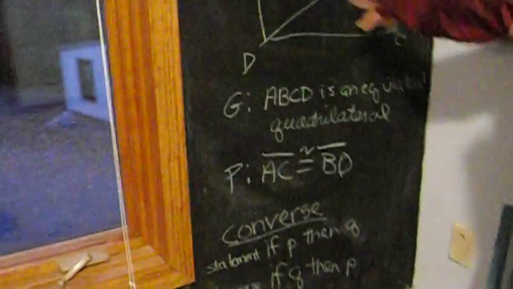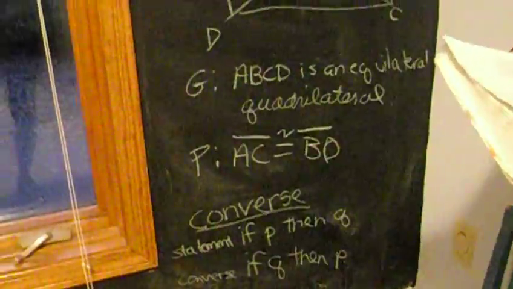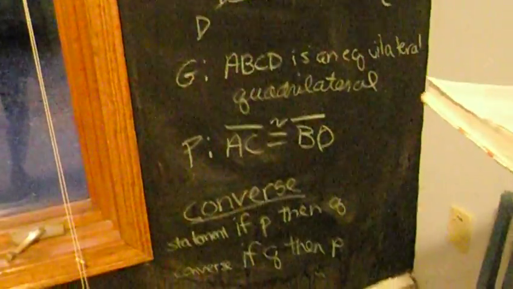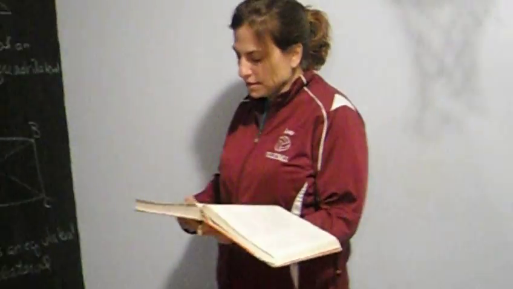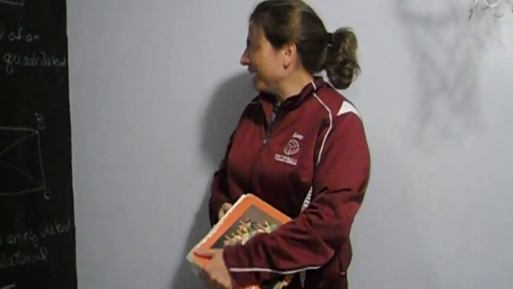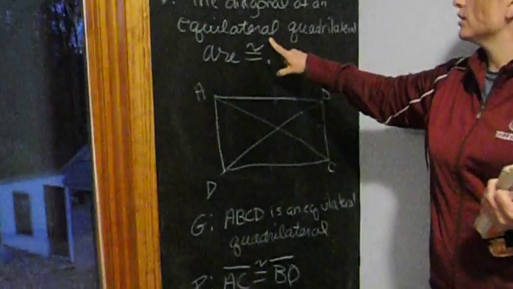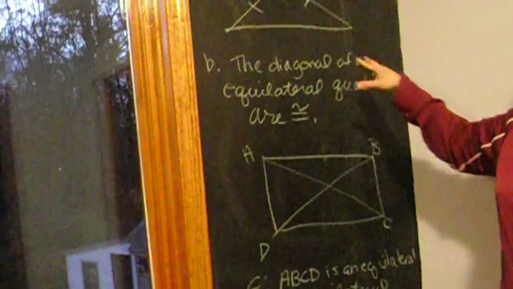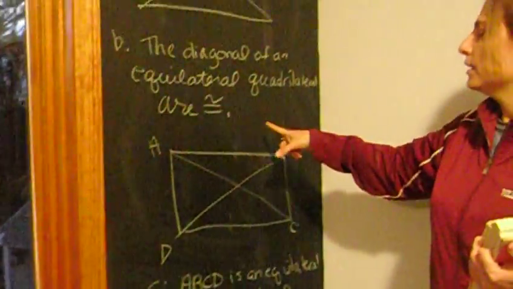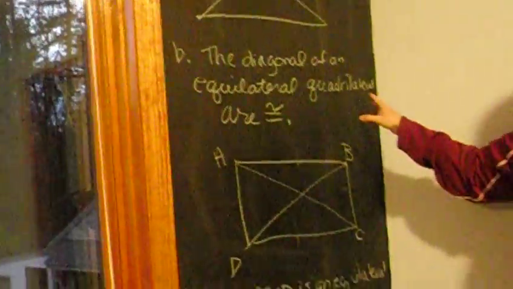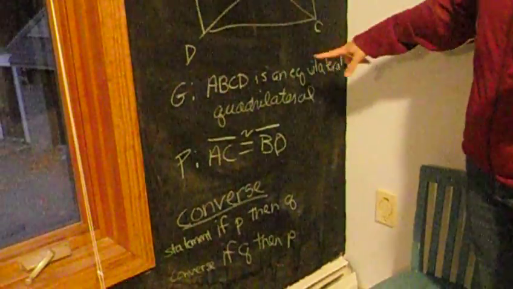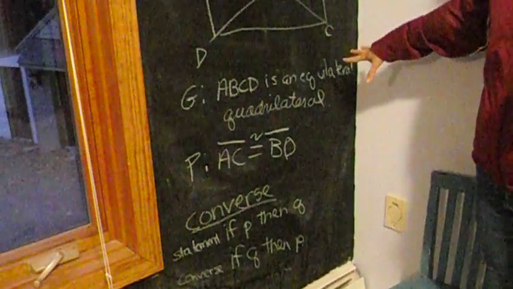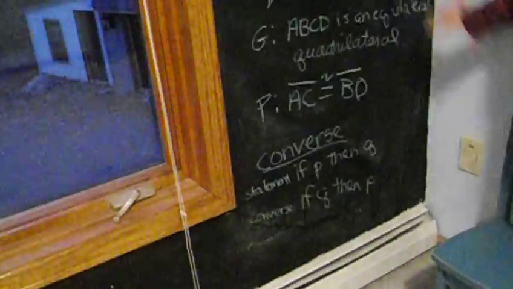So you'd have to prove that these two lines are congruent. Oh, I see what the problem is. I should have written equiangular quadrilateral, because an equilateral quadrilateral is a square. And I wrote equilateral quadrilateral. Should have been equiangular quadrilateral. So ABCD is an equiangular quadrilateral. I'm just getting you confused, I'm sorry. We can go over that in class.